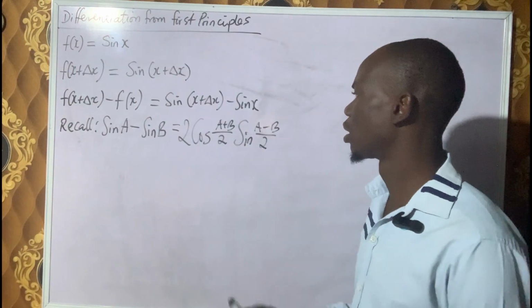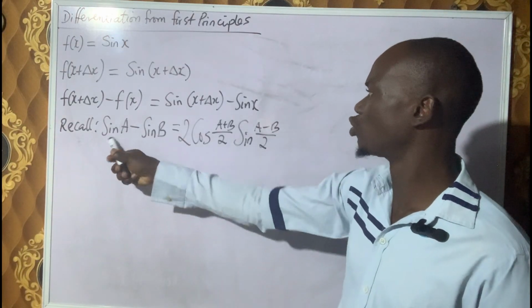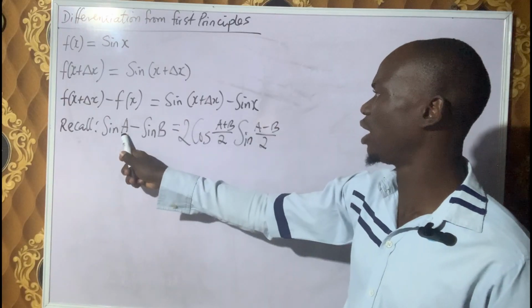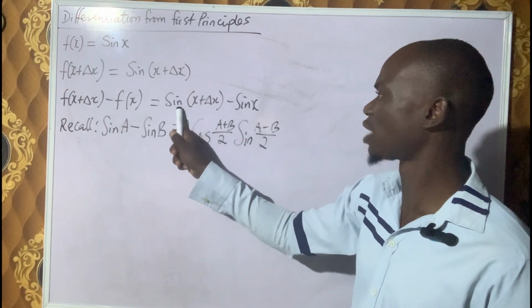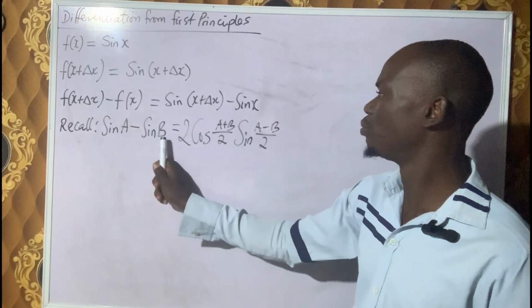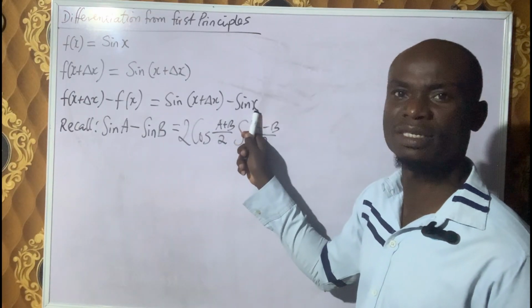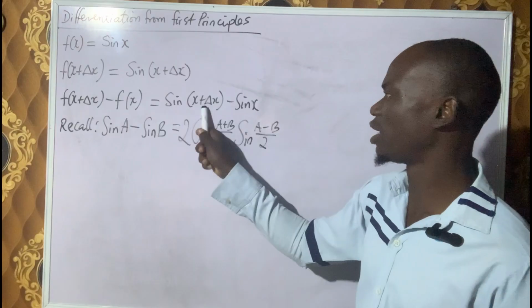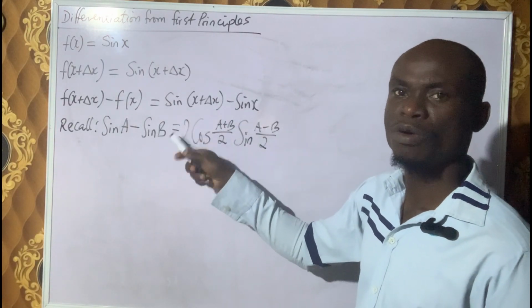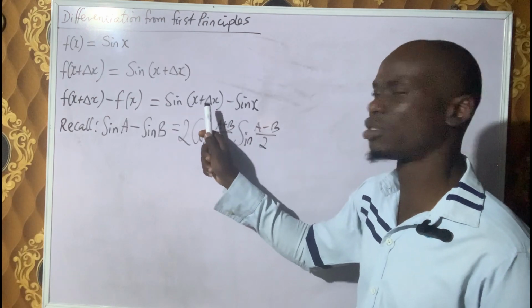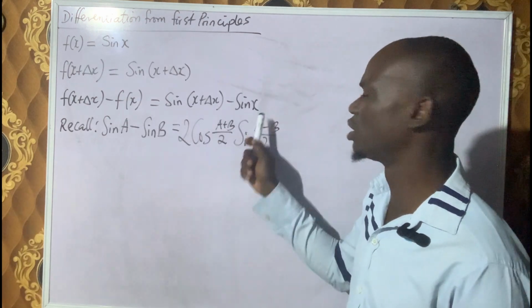So all I need to do is to compare with the original part. A here is represented by x plus delta x, sine A. B here is represented by x, sine B. So sine A minus sine B, if we compare them, it means A is the first bracket, while B is x.